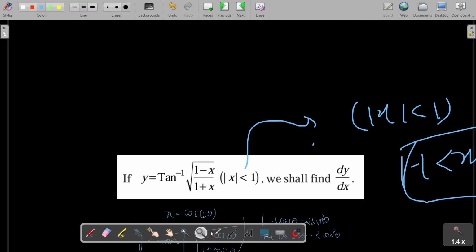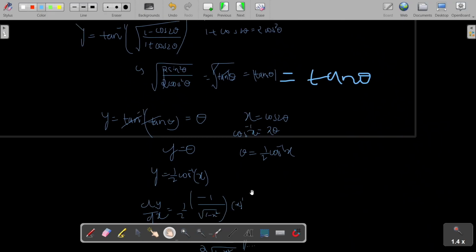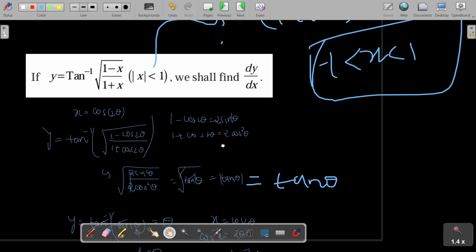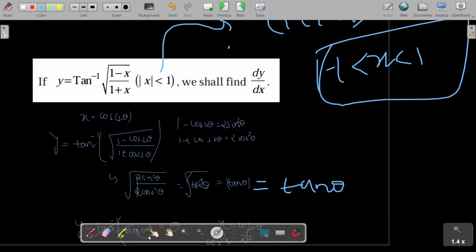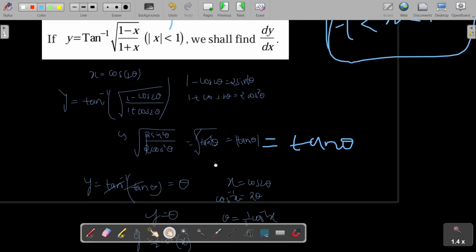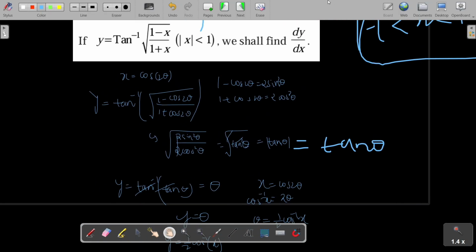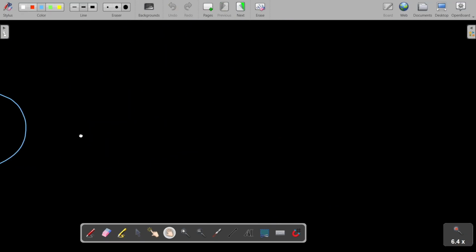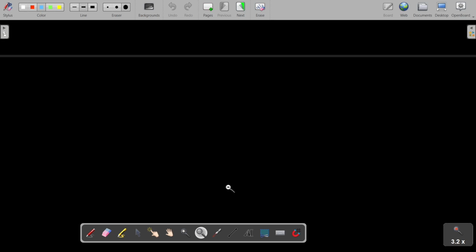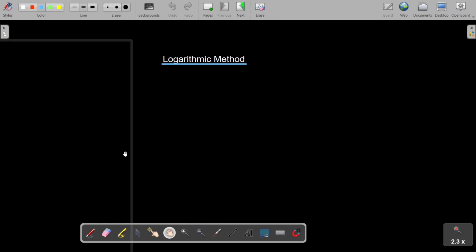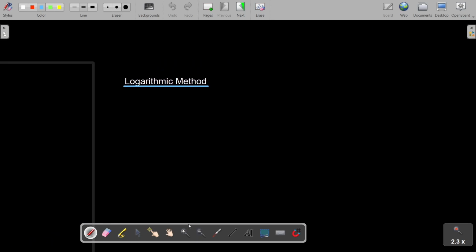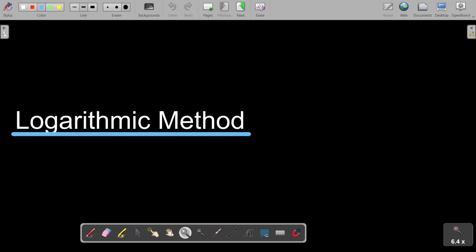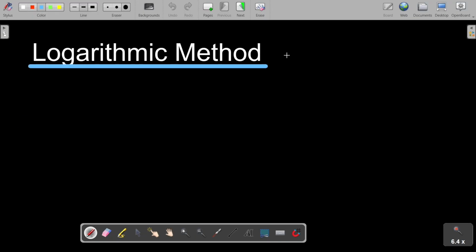It is simple, but the approach is the same as the previous problem. Okay, so this is the substitution method I needed to tell you about. Let's move on to another method, which is known as the logarithmic method for differentiation. We use the logarithmic method when we find variables in powers.